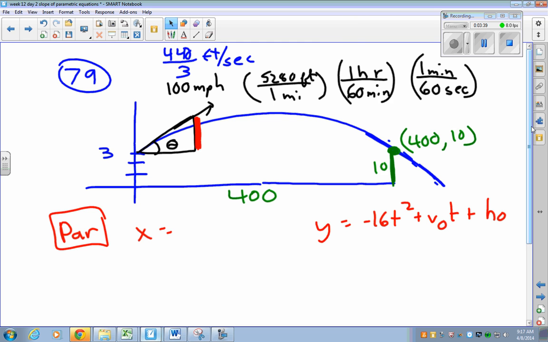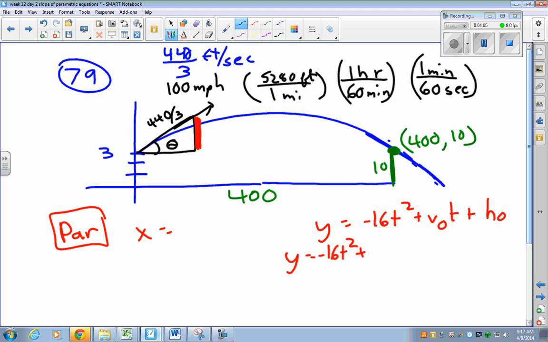So this would be negative 16t squared plus. Now the initial velocity is the red portion of the triangle, which is going to be the sine component. Remember, this part here is the 440 over 3. That is the speed along the hypotenuse.